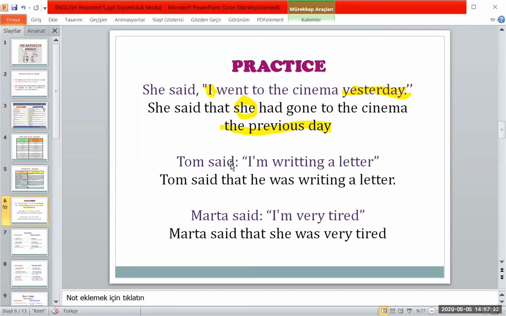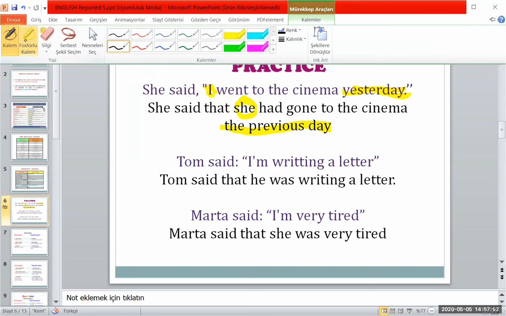How about the second? Tom said, this is Tom's sentence, "I'm writing a letter." So "I'm writing a letter" is uttered by Tom. And while we are reporting this to someone, Tom said that, let me use the pen. Yes.